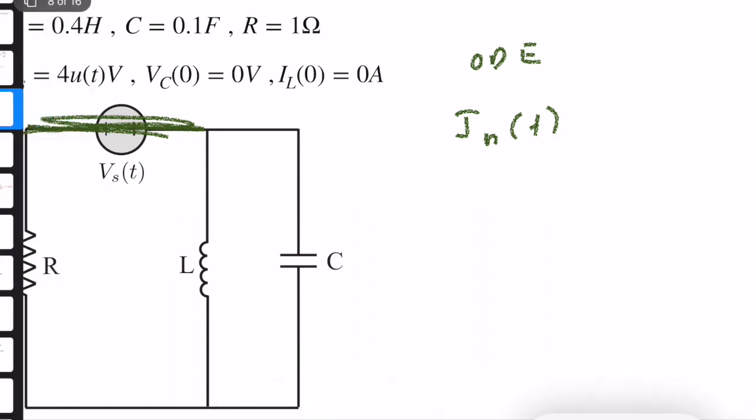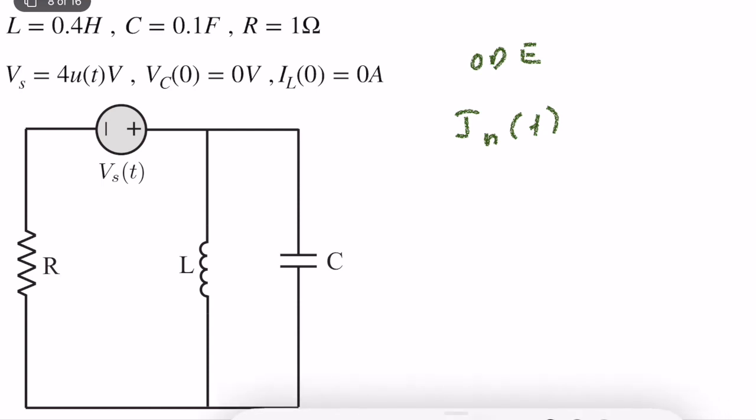particular solution. In the particular solution, you need to compute the variable's steady-state value, which is the current when t goes to infinity. In this case, the capacitor will be an open circuit, so we just remove it from the circuit. Inductors become a short circuit.